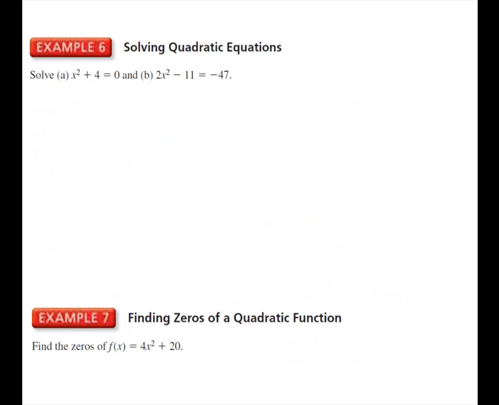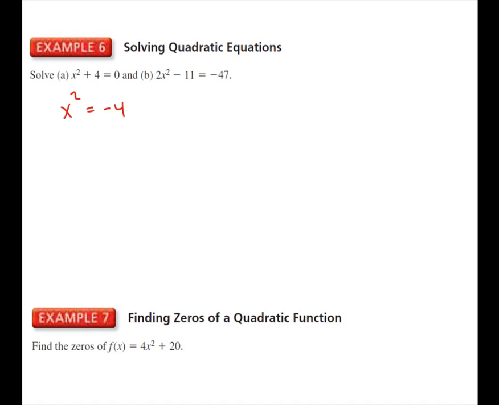All right, let's take a look at how to solve quadratics involving i. Let's take a look at example A. If you recall from our earlier lessons, this is an AC problem. We only have a and c in this problem. When you only have a and c, remember we want to get the x squared by itself. So I'll subtract 4 from both sides. That gives me x squared equals negative 4.